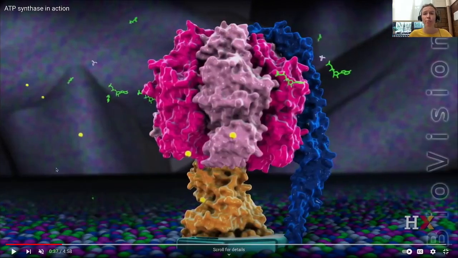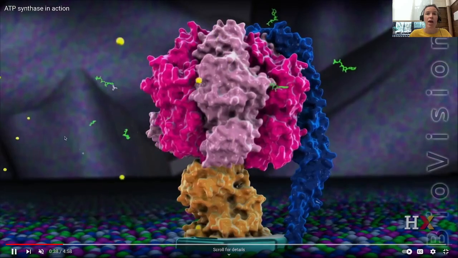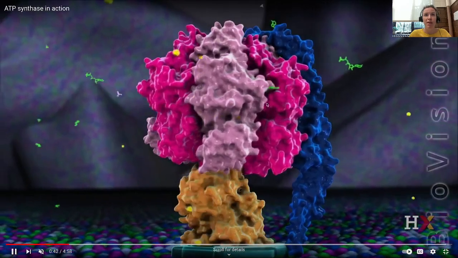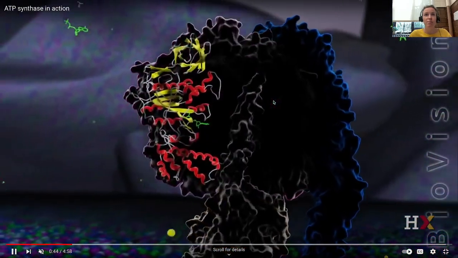So here, folks, before I press play, this video is showing us a 3-dimensional view of the ATP synthase. Down below here, we're going to have the C ring and the A subunit connected through this vertical subunit here, which is going to contain the gamma subunit, and this ring up top, the alpha 3 beta 3. Now as that gamma subunit rotates, you can see how these pink subunits change shapes.